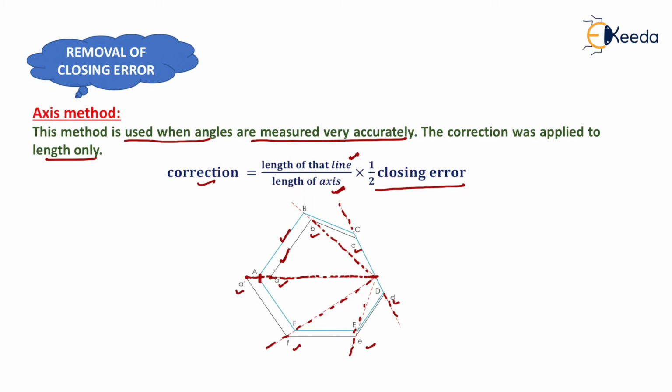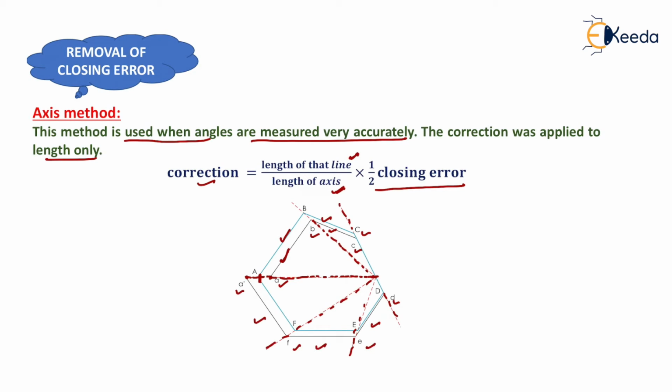Now similarly, keeping the drafter parallel to small bc, we will draw the line capital BC. Similarly, keeping the drafter parallel to small cd, we will draw the line capital CD. Similarly, DE, EF and FA.